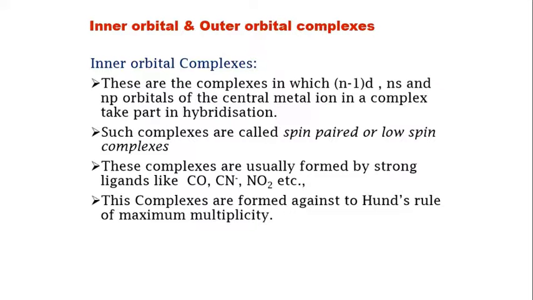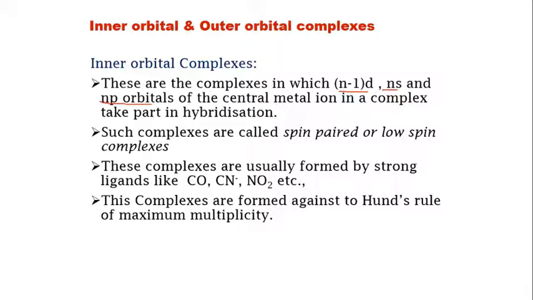Then next up you have inner orbital and outer orbital complexes. Inner orbital complexes are the ones in which the complex uses (n-1)d, ns and np orbitals. In the postulates of VBT, I have mentioned that d orbitals utilized for hybridization can be of two types.